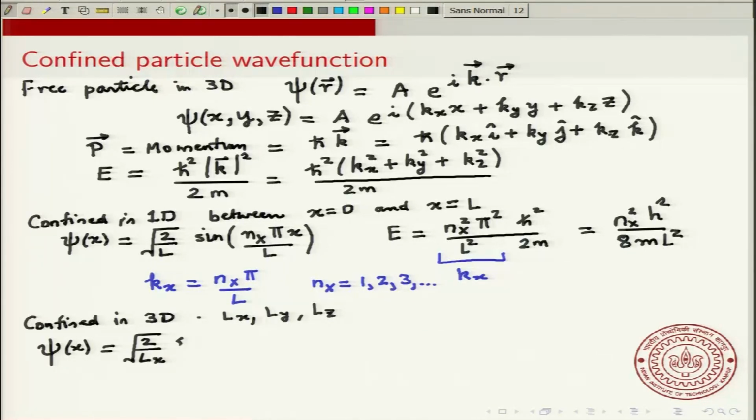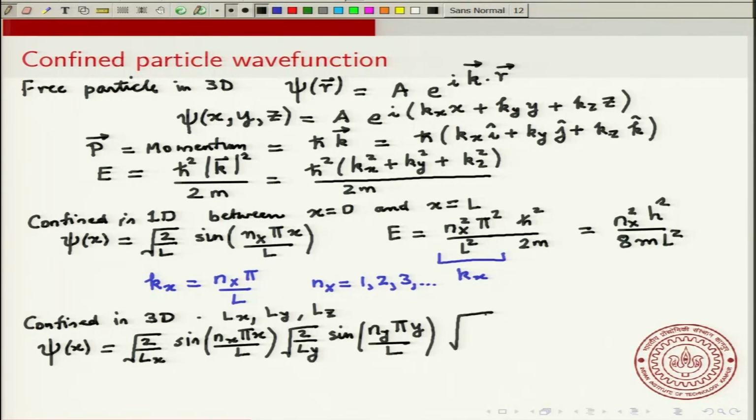So, root 2 by Lx sine n x pi x by Lx times root 2 by Ly sine n y pi y by Ly and root 2 by Lz sine n z pi z by Lz.